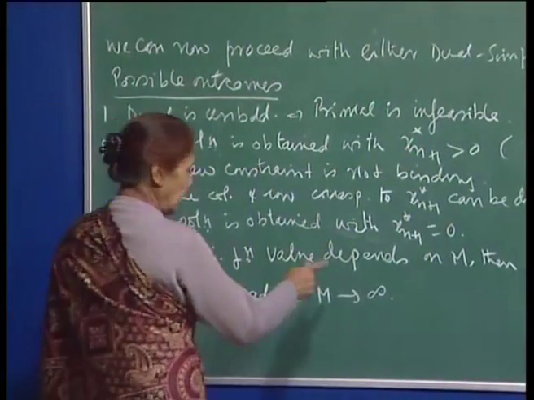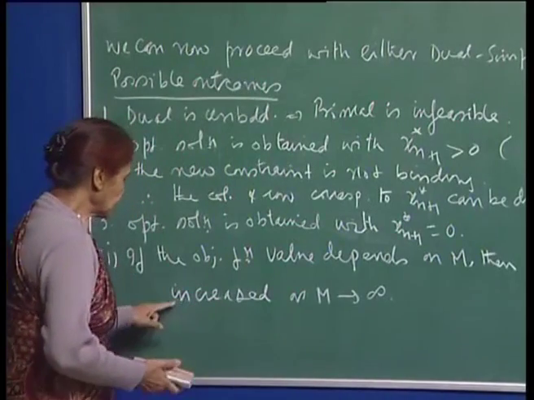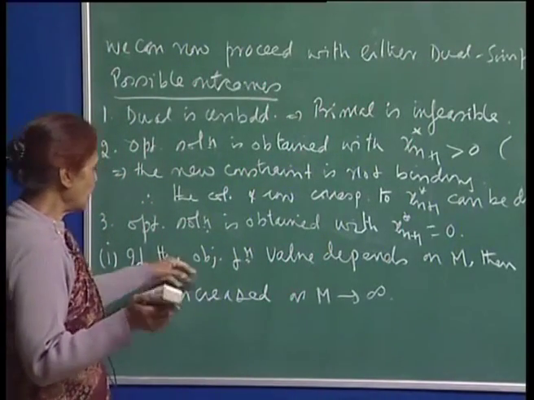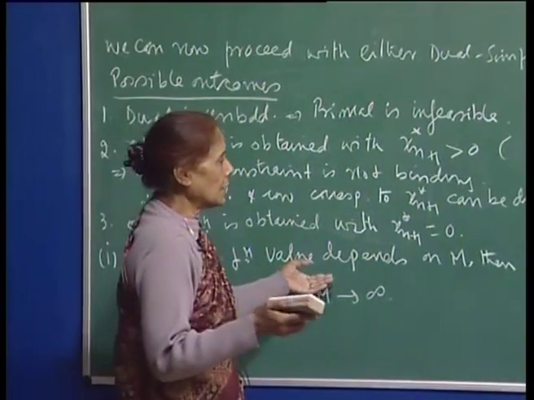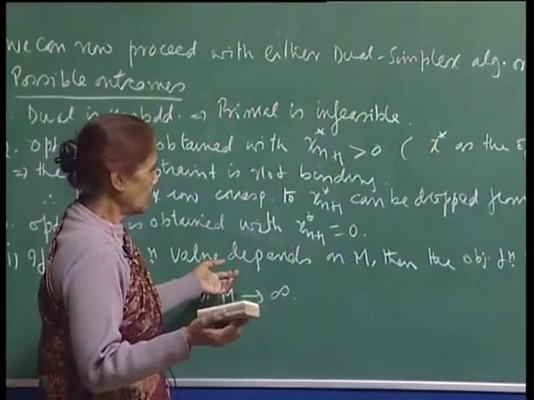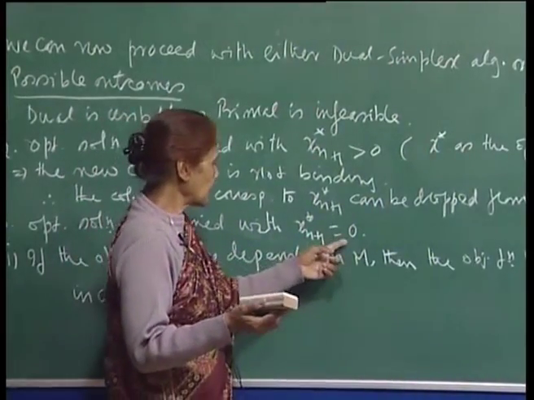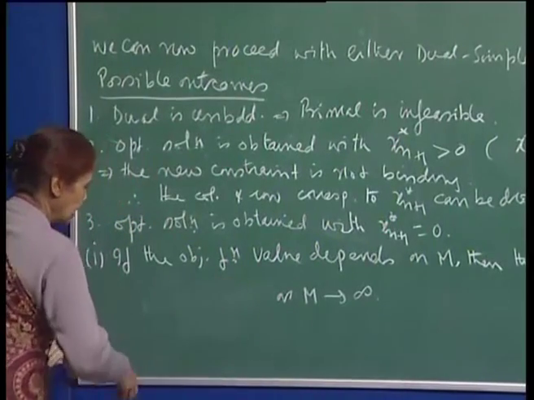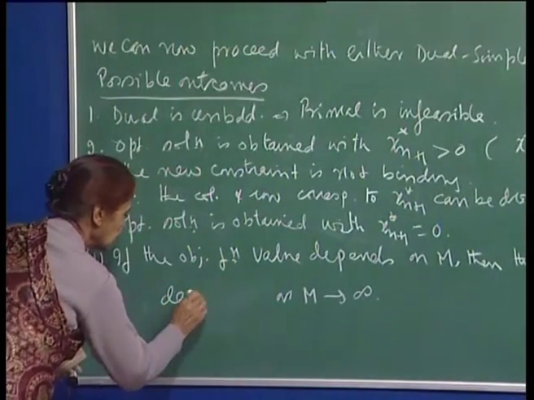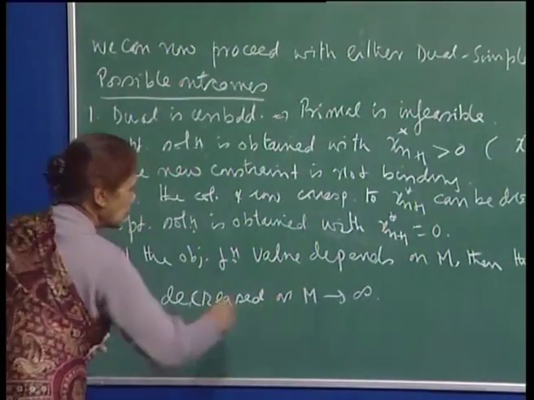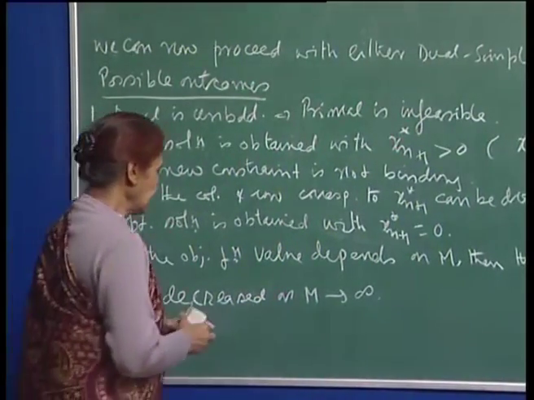I will tell you why I argued that this should not be increased: once we have obtained an optimal solution here, my primal is feasible, because x n plus 1 star is 0. So I will bet for decreased, and then we will come back. It can be decreased as M goes to infinity, right.